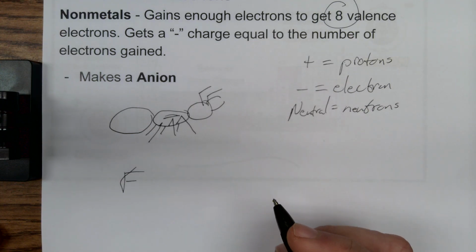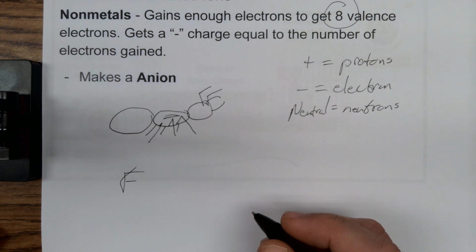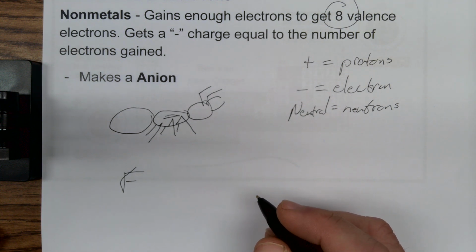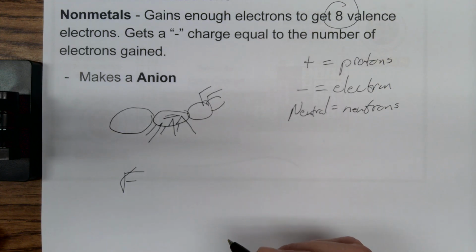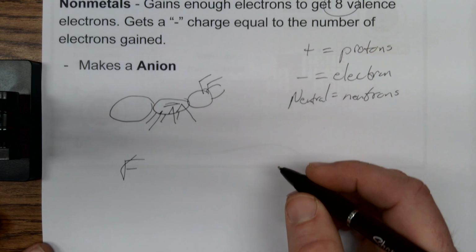Fluorine being a nonmetal, is it going to want to gain electrons or lose electrons? It wants to gain electrons, right? It's a nonmetal, it wants to gain electrons.